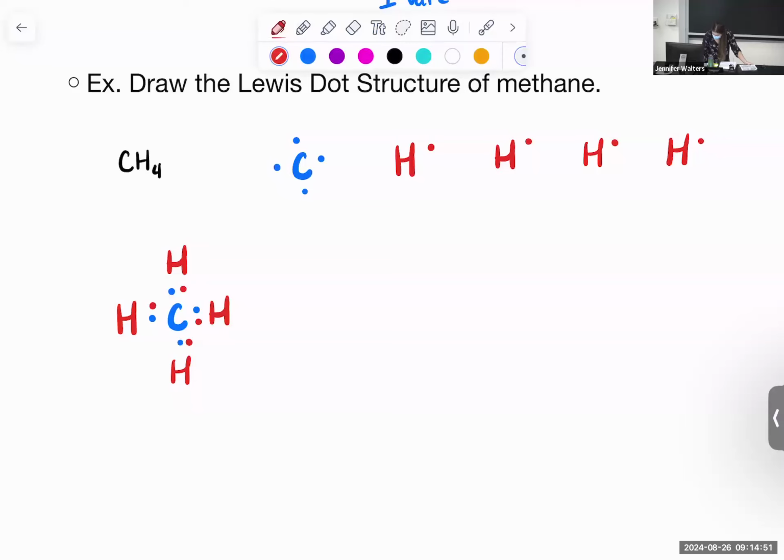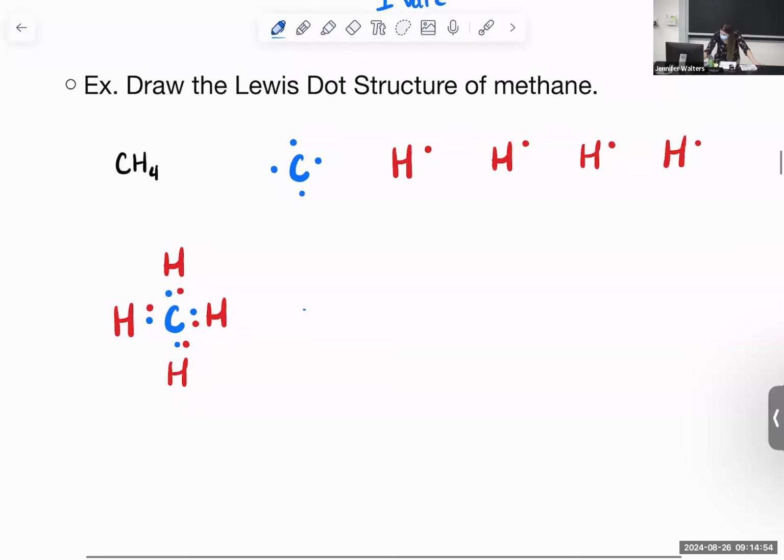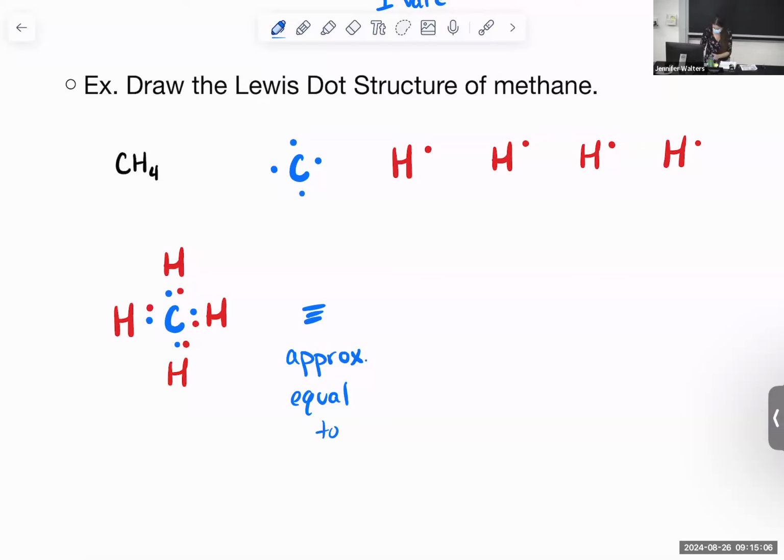When we go to show that structure, the 3 equal lines means approximately equal to, meaning it's essentially the same thing. We draw these lines to represent the two shared electrons, because remember, a line is a bond is a pair of electrons being shared between two atoms. So we just draw a line between each carbon and hydrogen.